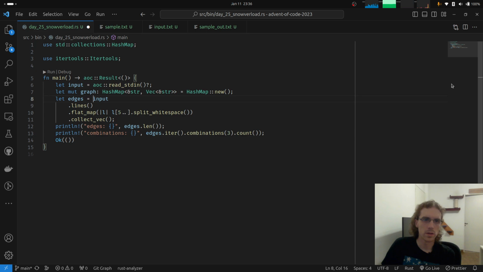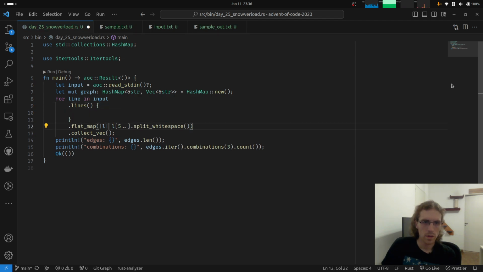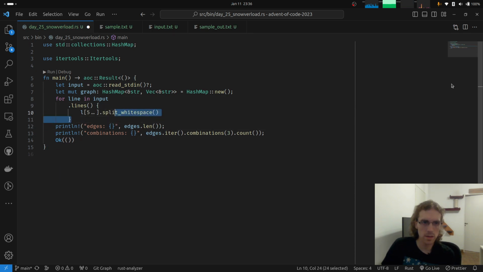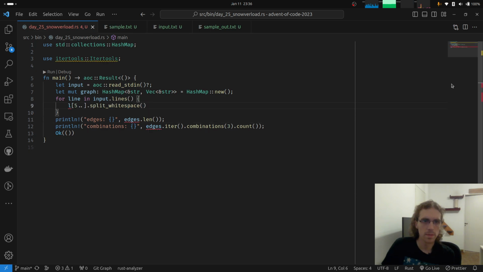And then we are going to just go for line in input lines. We are going to do this kind of thing, and remove this and this formats.